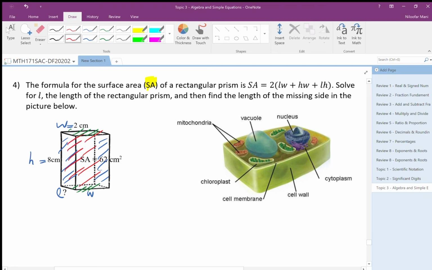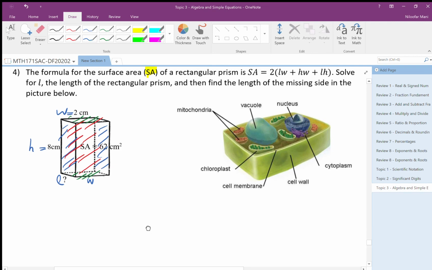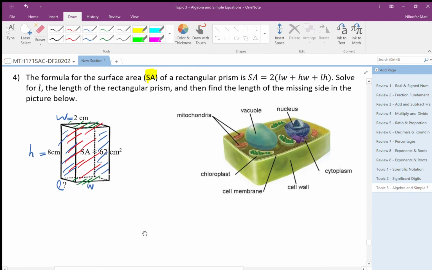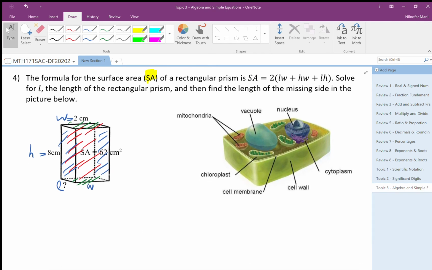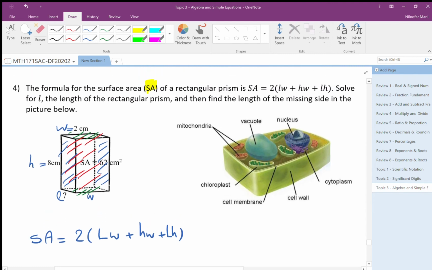One of them is LW, one of them is HW, and one of them is LH, but I have 2 of those. So I do 2 multiplied. So you have the formula here: SA equal 2 times (LW plus HW plus LH), and you want to solve it for L.